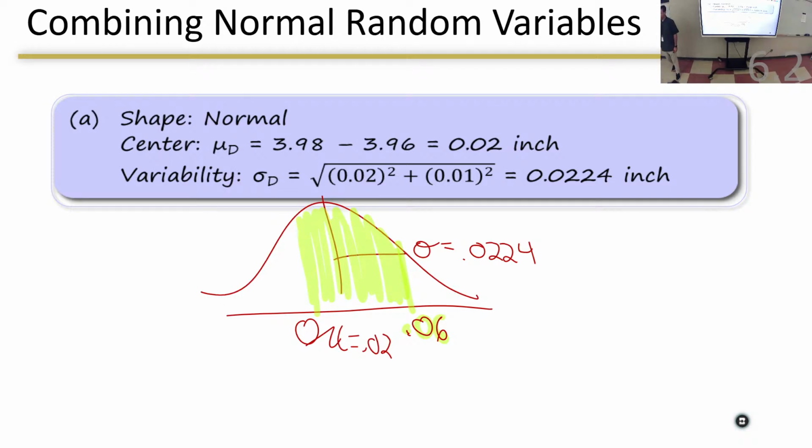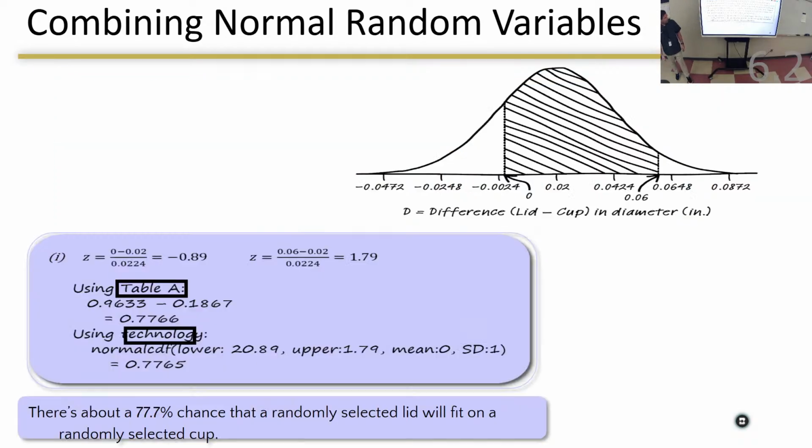Normal CDF, 0 to 0.06 with a mean of 0.02 and a standard deviation of 0.0224. Easy. Once you got all that stuff down, it's down to your calculator, Desmos, or whatever you guys want to use to figure out what that area is, from 0 to 0.06. The answer is, there's a nice pretty picture over there.